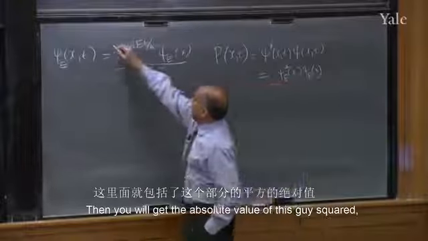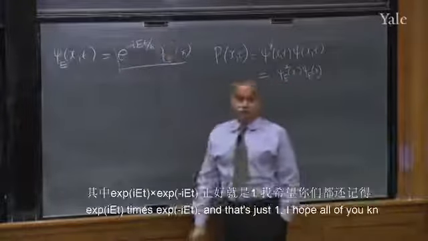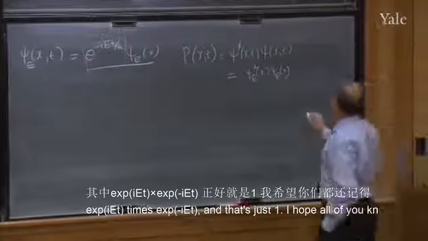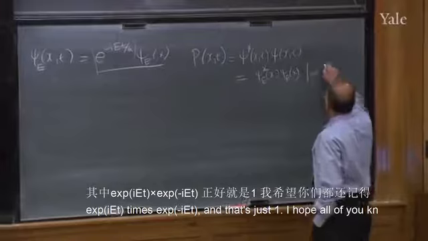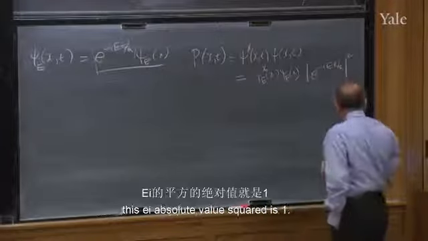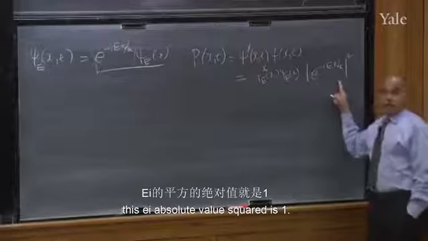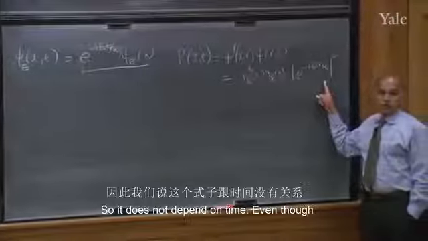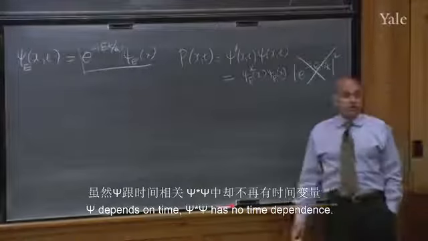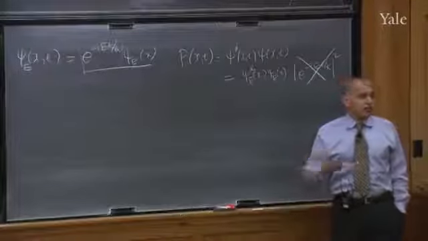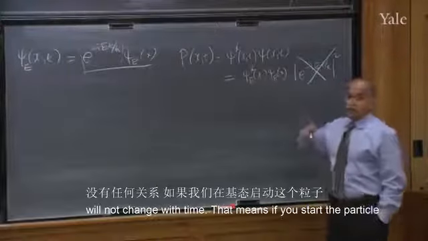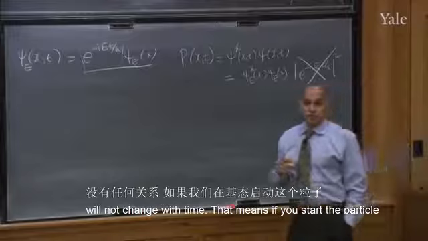Then you will get the absolute value squared of e to the iEt times e to the minus iEt, and that's just 1. I hope all of you know that the absolute value squared of e to the i theta is 1. So it does not depend on time. Even though psi depends on time, psi star psi has no time dependence. That means the probability for finding that particle will not change with time.